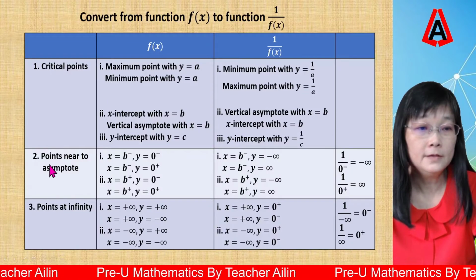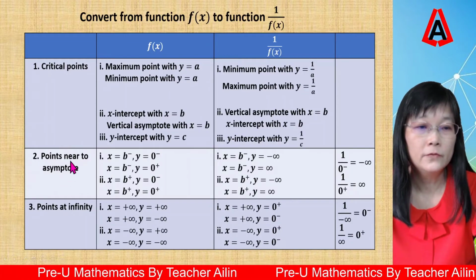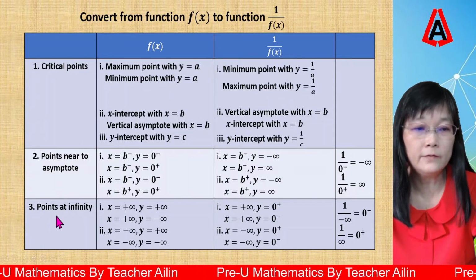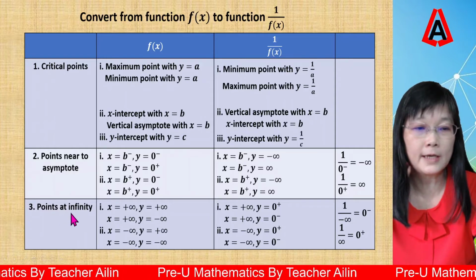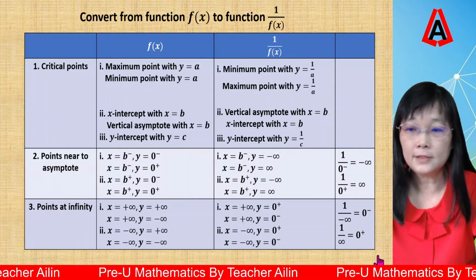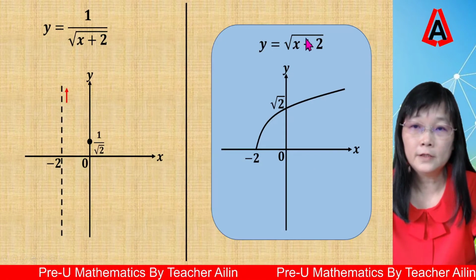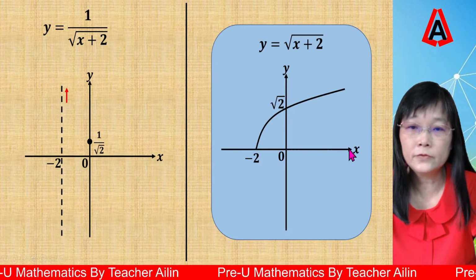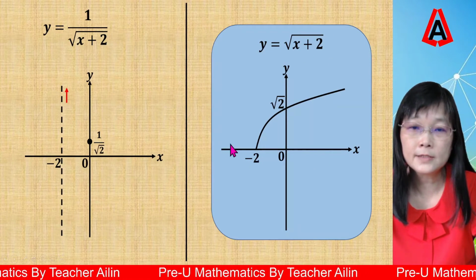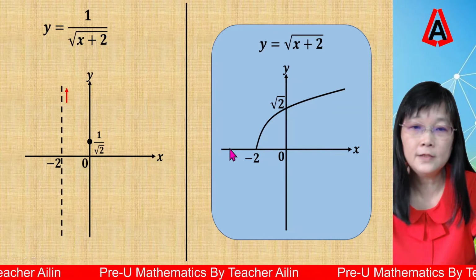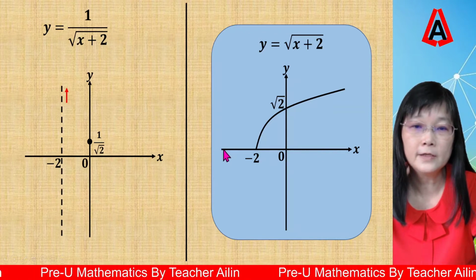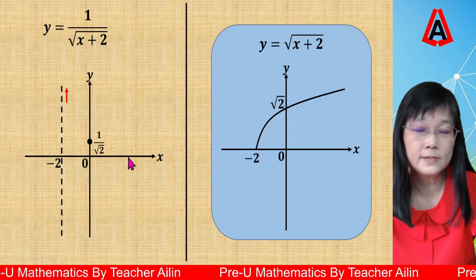So when x is slightly greater than negative 2, y approaches positive infinity. After the point which is near to the asymptote, now we consider the points at infinity. For square root of x plus 2, when x is negative infinity, that is undefined, so we don't have to consider this part.